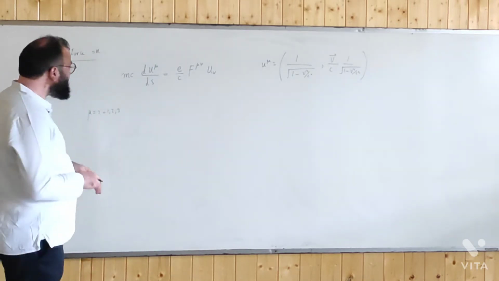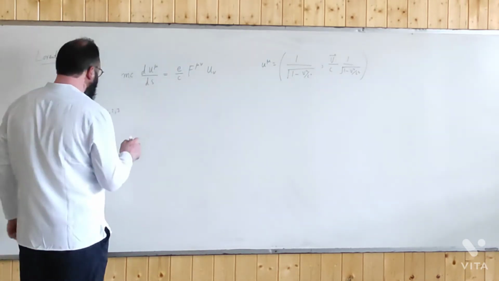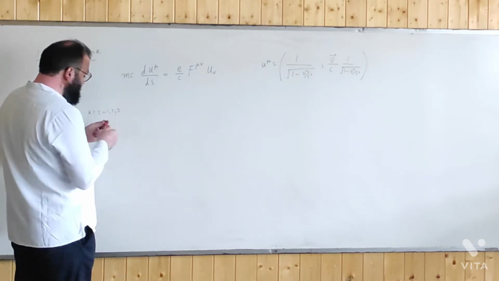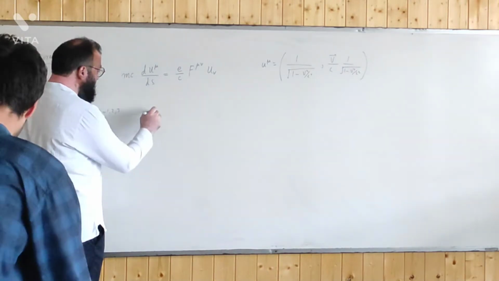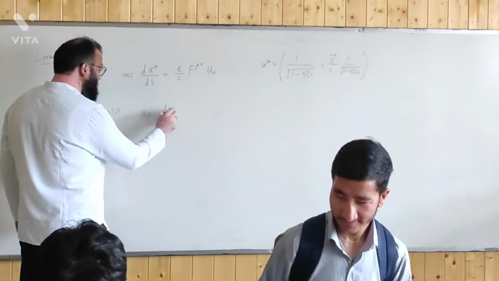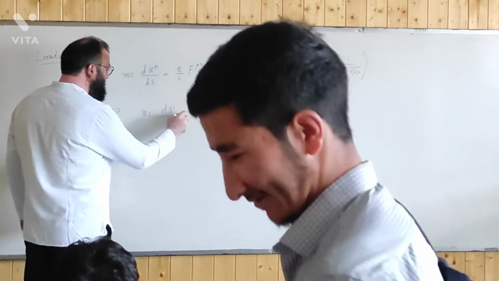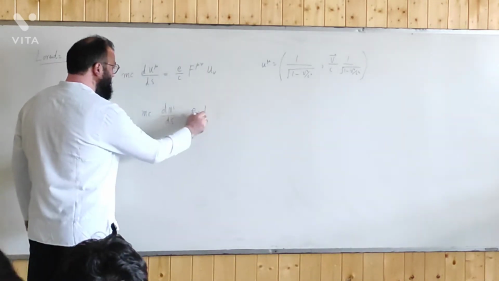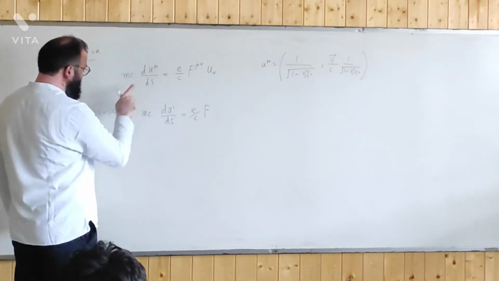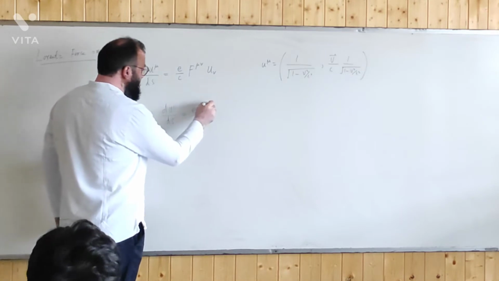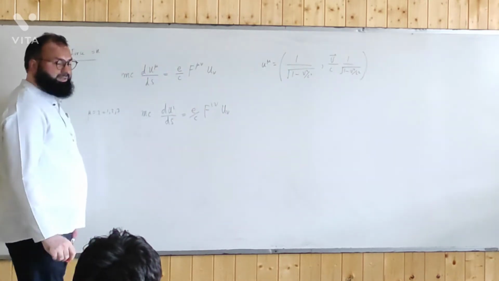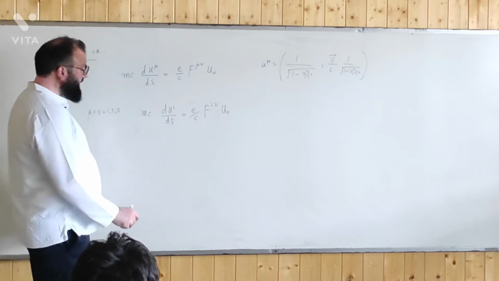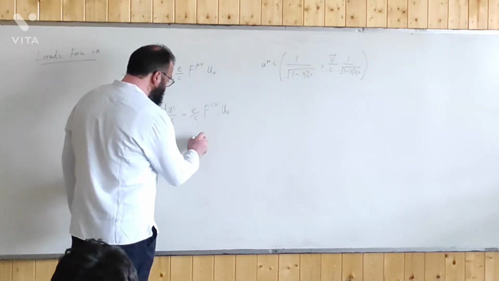So let's write. I have m c du^mu by d tau, that's equal to e by c F^mu nu u_nu. Mu I am taking as i, and nu will remain as such, because it's a dummy index. Now let's sum over this thing.